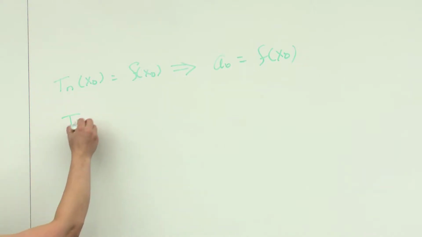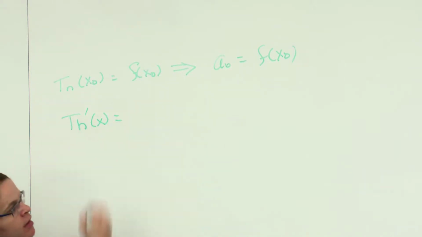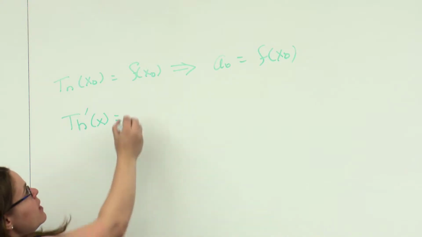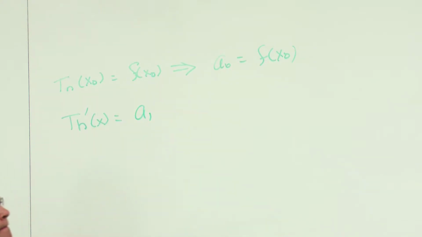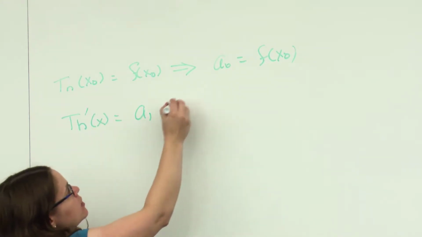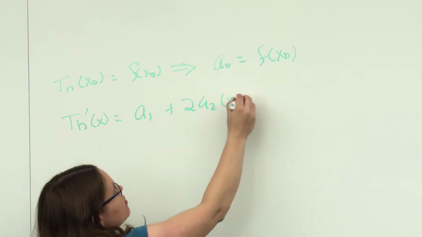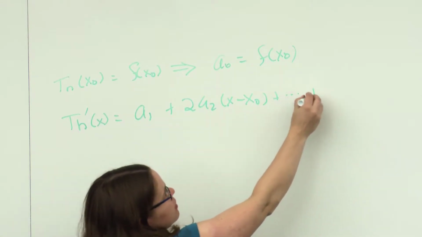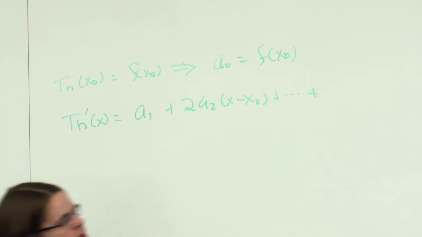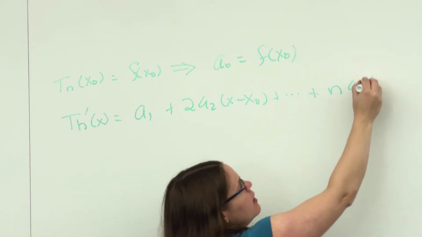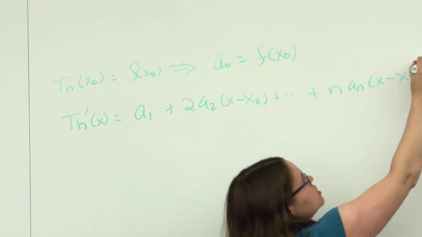So we need the derivative of this function, Tn prime of x. This is going to be, the a0 goes away. We get an a1, we get a 2a2 times (x minus x0), all the way down the line, and we get an n times (x minus x0) to the n minus 1.